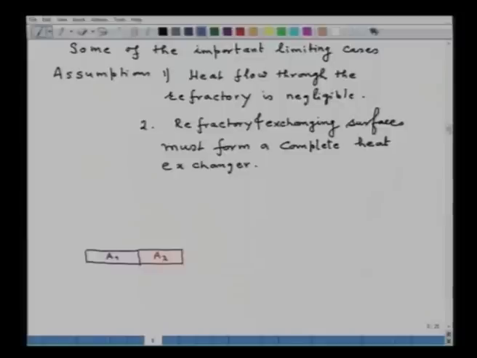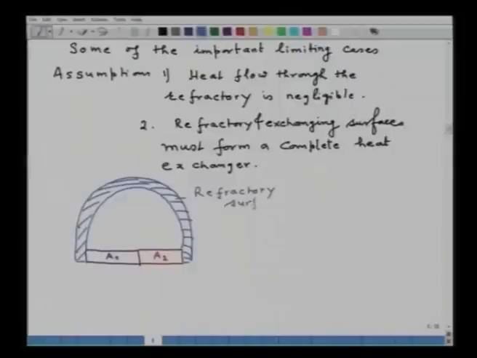This is enclosed by a refractory surface.